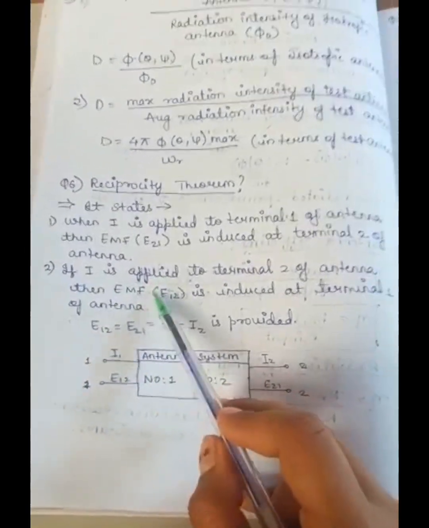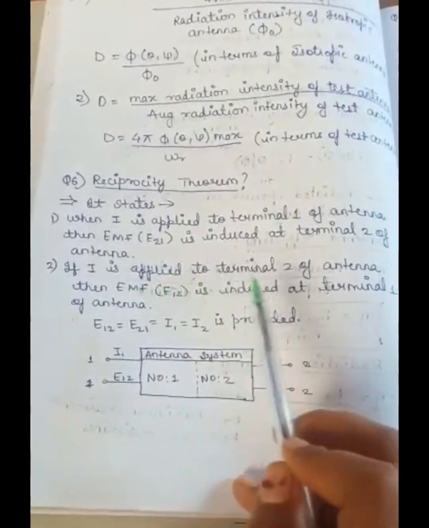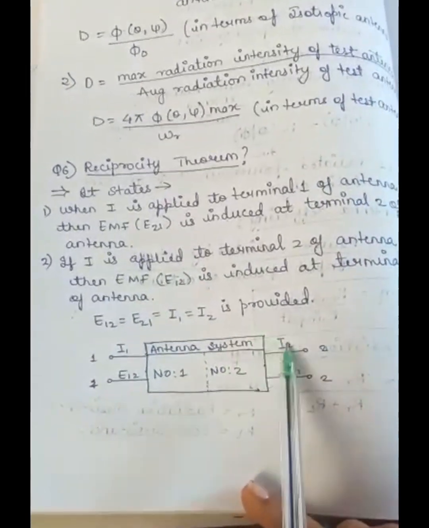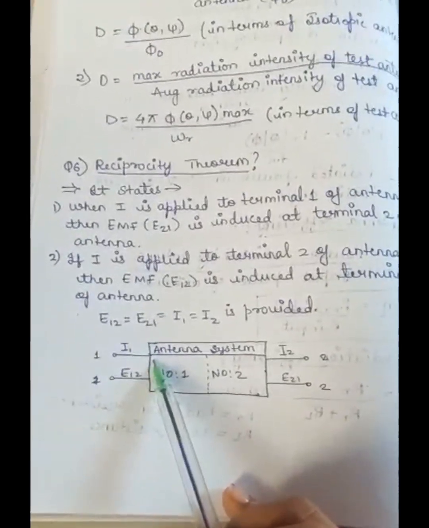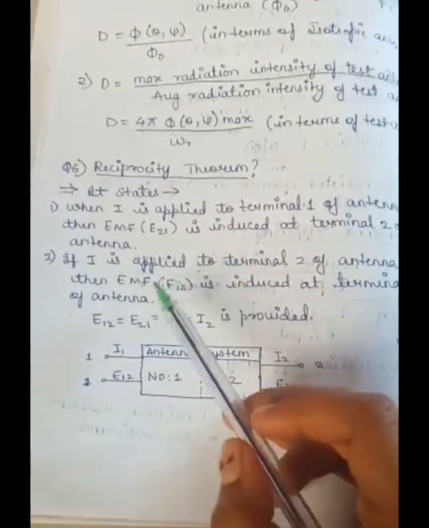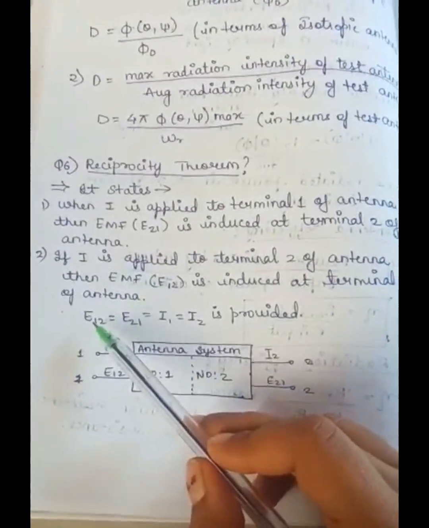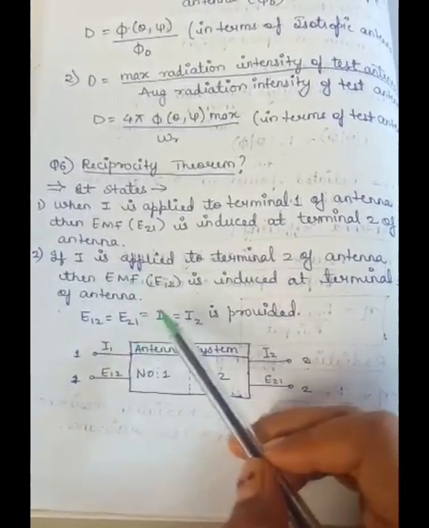And similarly, the second case is that if I is applied to the terminal 2 of antenna, then EMF E12 is induced at the terminal 1 of antenna. And here you can see this is the I2 and E12 will be induced in the terminal 1. Now here we can see that E12 is equal to E21 if I1 is equal to I2. This is the reciprocity theorem.